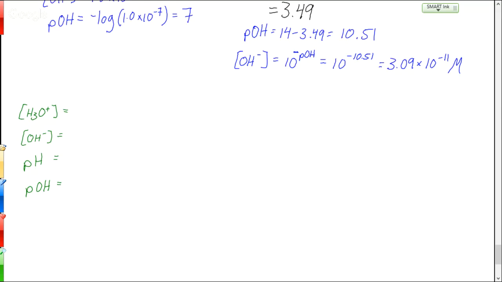And so if I give you one of them, like if I say the pH is 10.2, or if we say the hydroxide concentration is 5 times 10 to the minus 2 molar, see if you can fill in the rest of these.